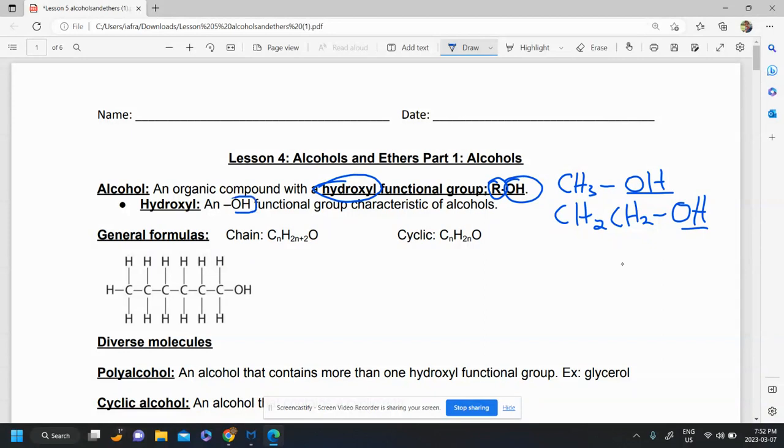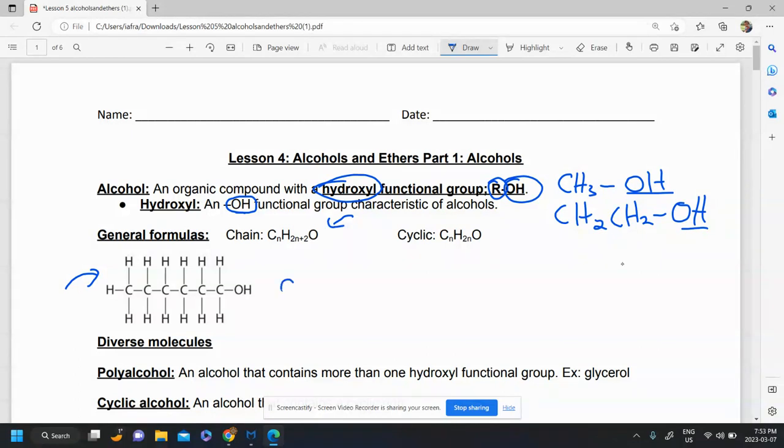And that hydroxyl functional group is what gives the alcohol the characteristics that alcohols have, which we'll see in more detail later on. So the general formula for an alcohol, we can decipher it from this picture here, and you can do more practice problems, and you can see that it will probably match this over here.